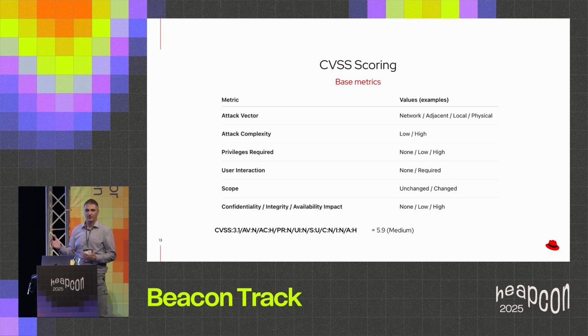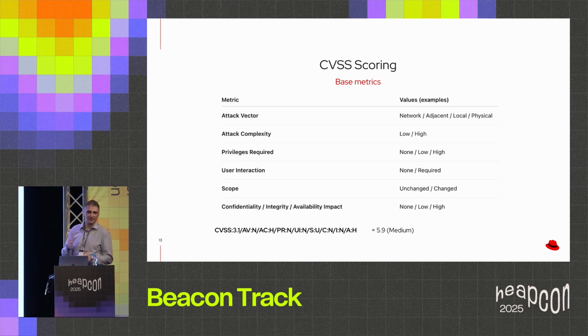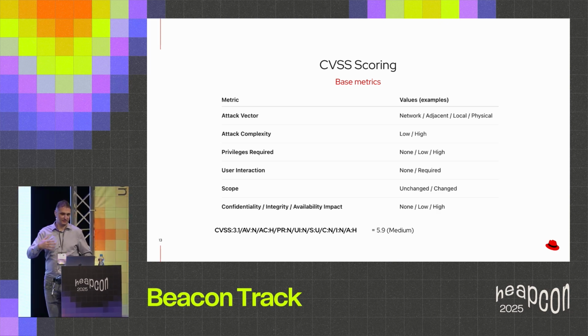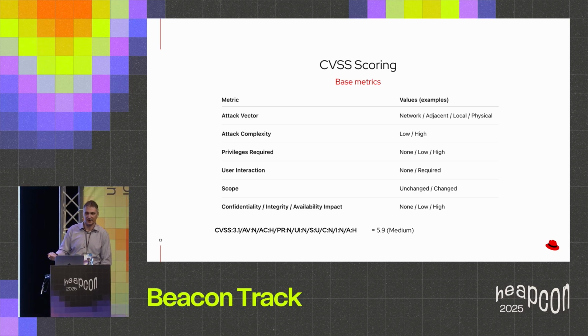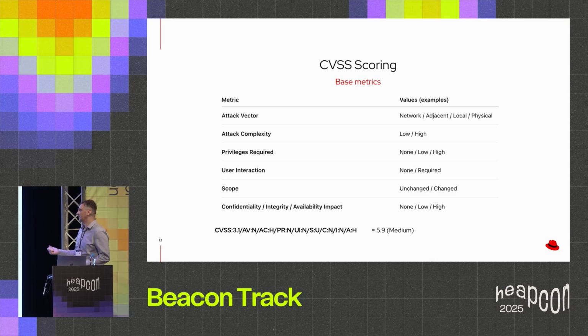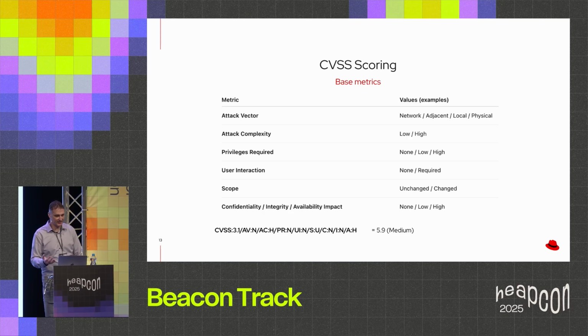It's completely different if your vulnerability can be exploited over the network or if somebody needs physical access to the hardware to do something. Also, is something very complex to exploit or very low complexity? Does it need a particular user interaction? Does it need administrative privileges to execute something? All of those things define the severity.